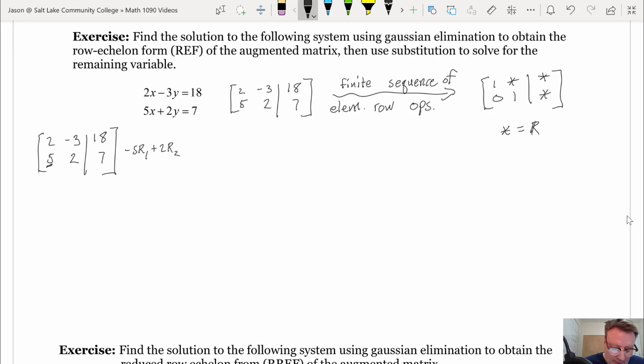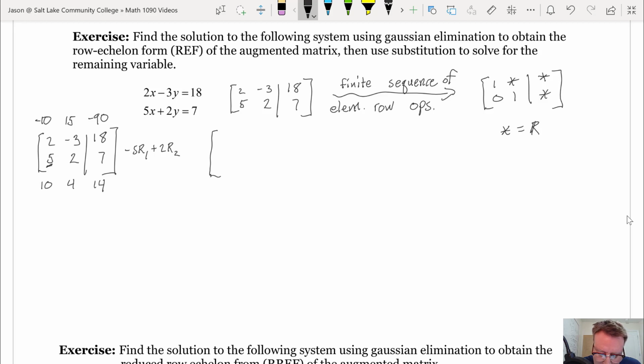So here we go. -5 times row 1. I like to write it up above the row there. So -5 times row 1 gives me -10, +15, and -5 times 18 is going to be -90. Okay, 2 times row 2 is going to be 10, 4, 14. Then I'll write the result of doing this row operation.